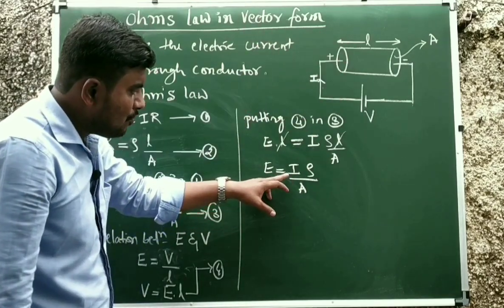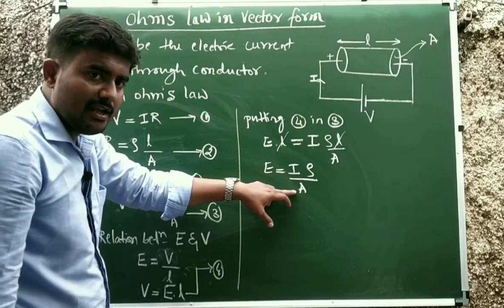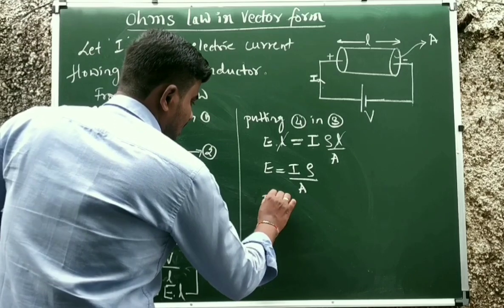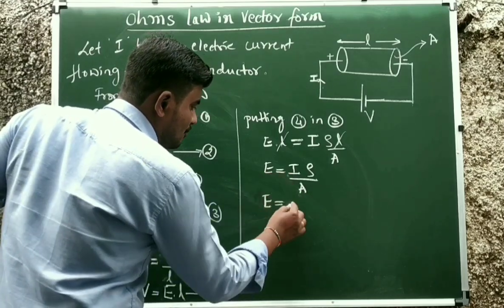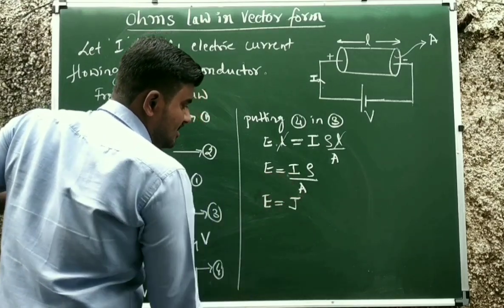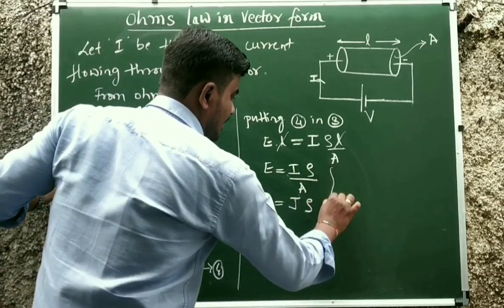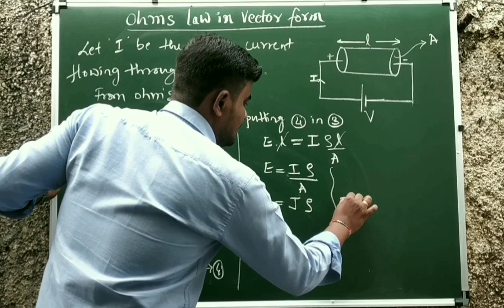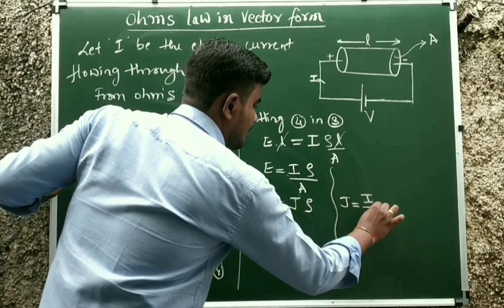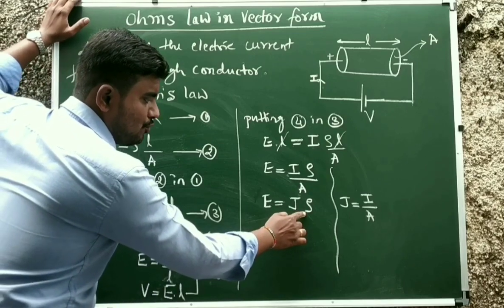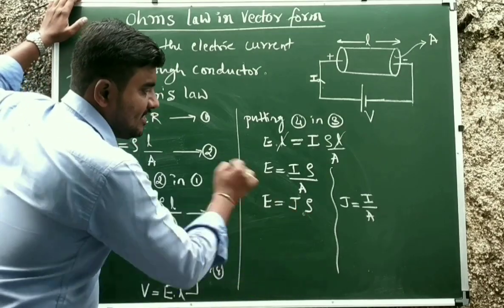And as we know, electric current per unit area is called current density. Therefore, I can write E is equal to (I by A) rho, that is J rho, where J is current density and J is equal to I divided by A. And remember this rho is resistivity.